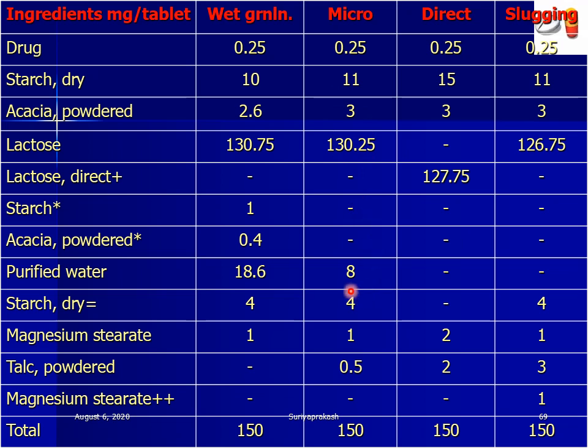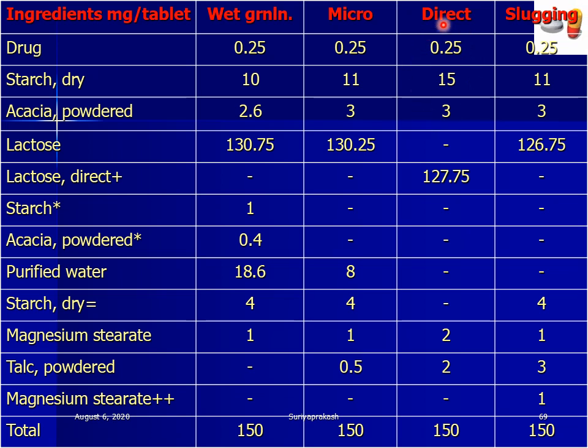Purified water alone is used as the granulating agent. Starch powder, magnesium stearate powder, and talc powder are glidants, lubricants, anti-adhesive agents, right? There is no starch paste in this micro granulation formulation.